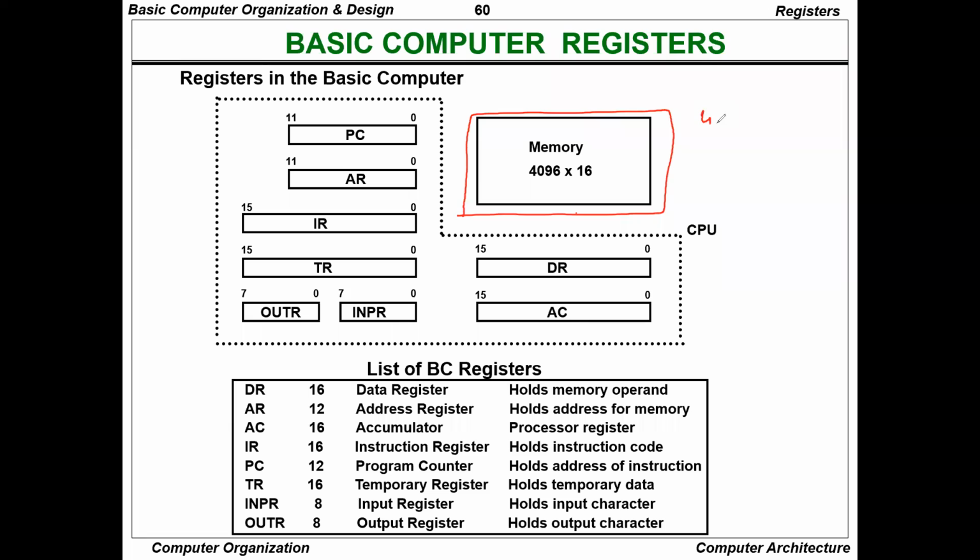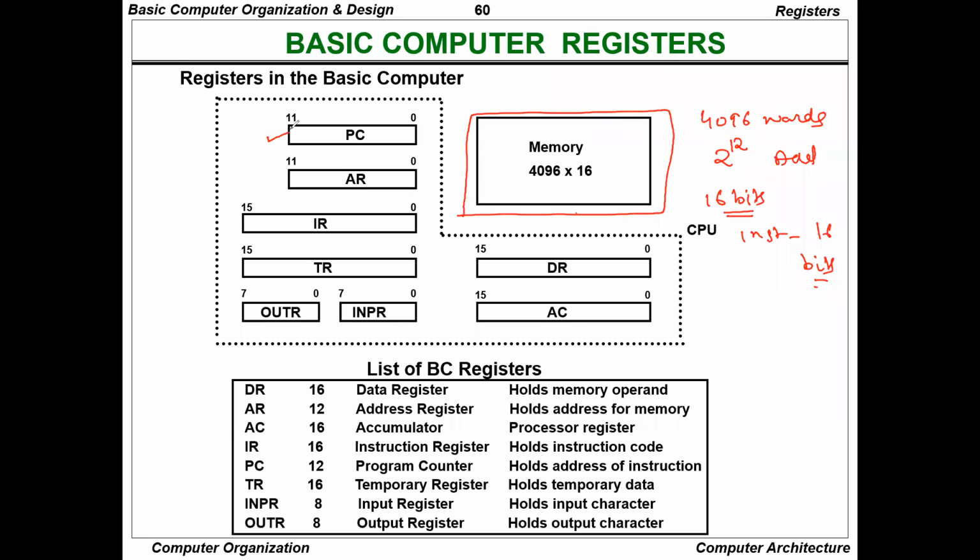The size of the memory is 4096 words, because of which we require 12 bits to refer to the address, and one word is 16 bits long, which means that the instruction will be 16 bits long.